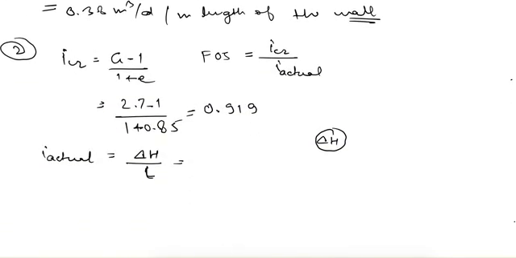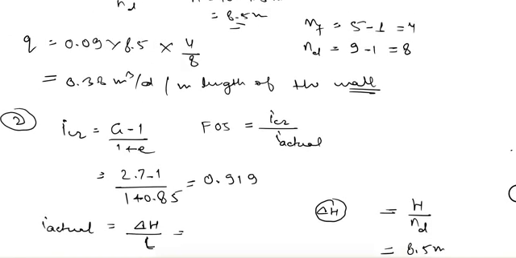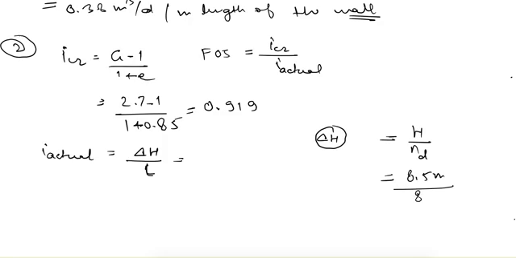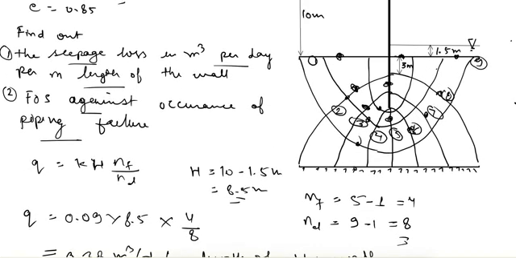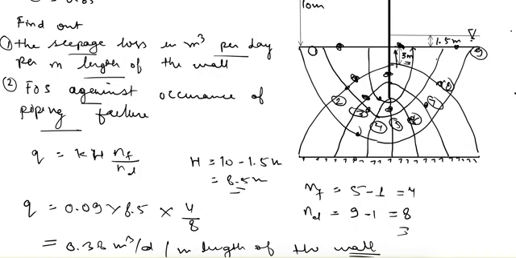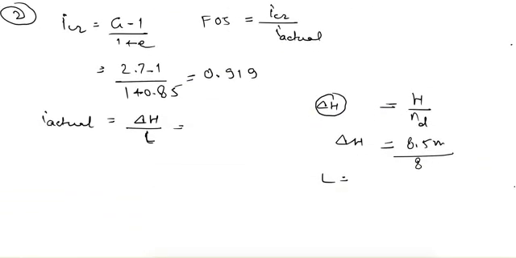So if we divide the total head by the equipotential drops, we get delta H. Total head is 8.5 meter and potential drops are 8, so 8.5 by 8 is our delta H. The length of flow here is given as 3 meter, because piping occurs just at the downstream side of any hydraulic structure, and because here the flow lines are emerging vertically, the length is 3 meter.